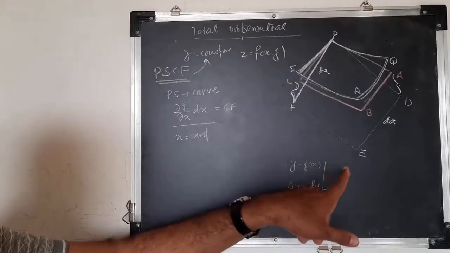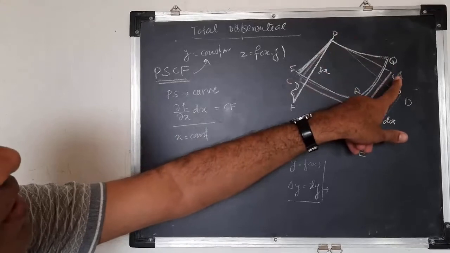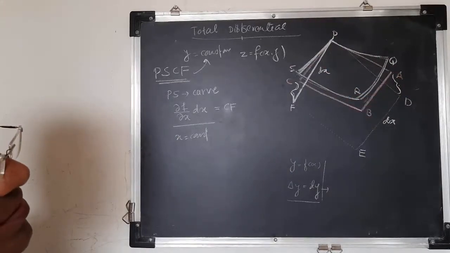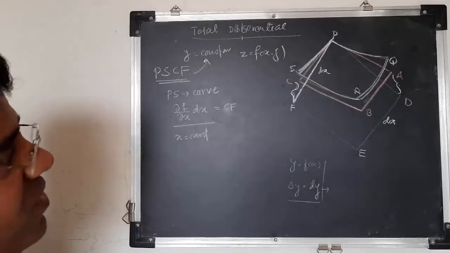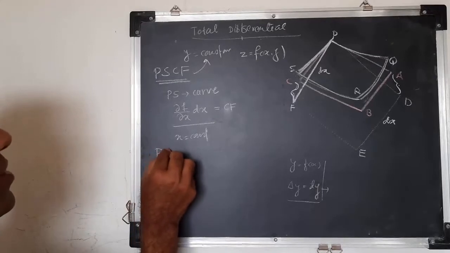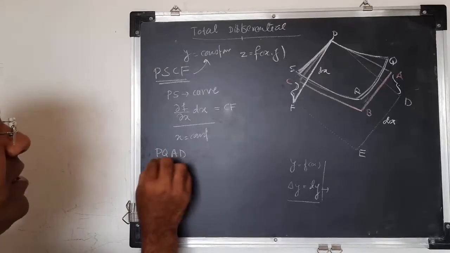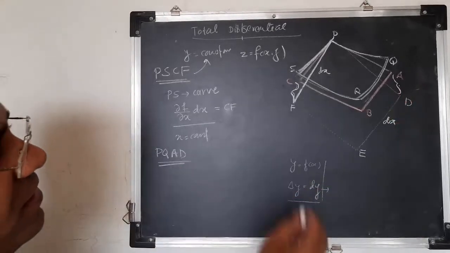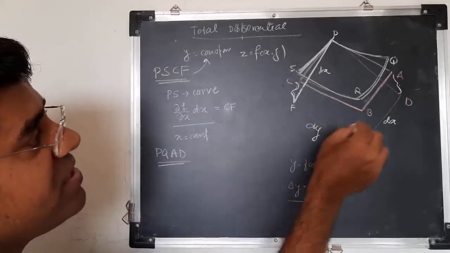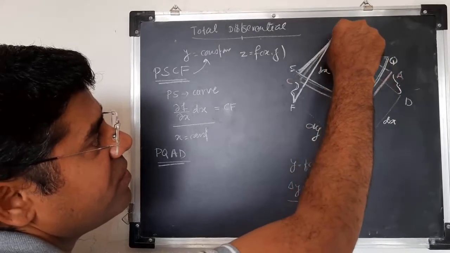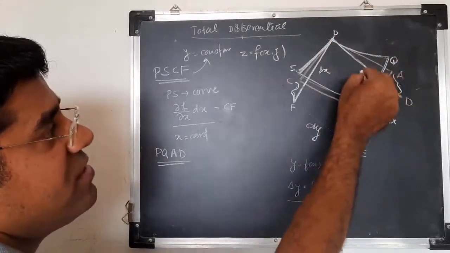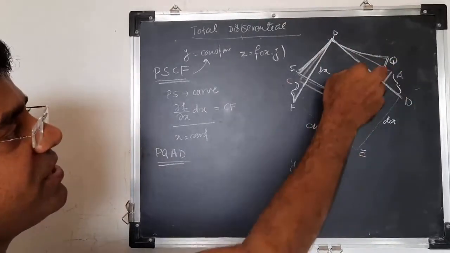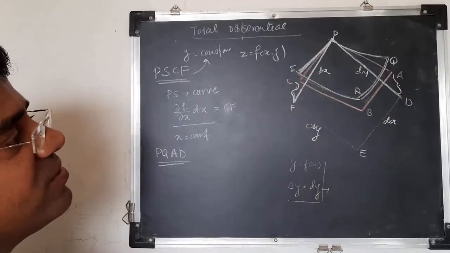I will consider this PQAD surface. Here this is your dy, meaning the AD value. This is also dy.